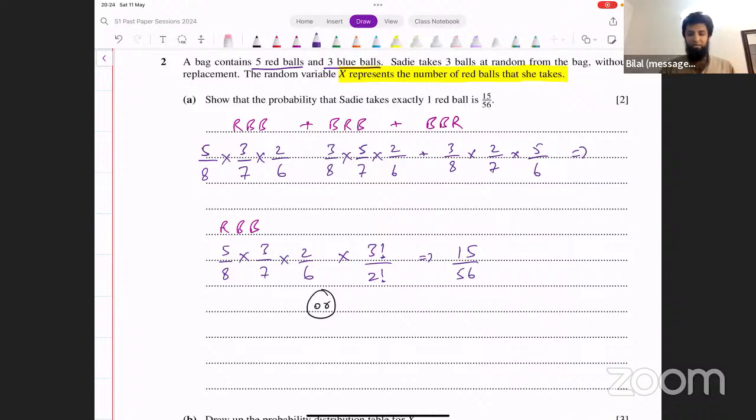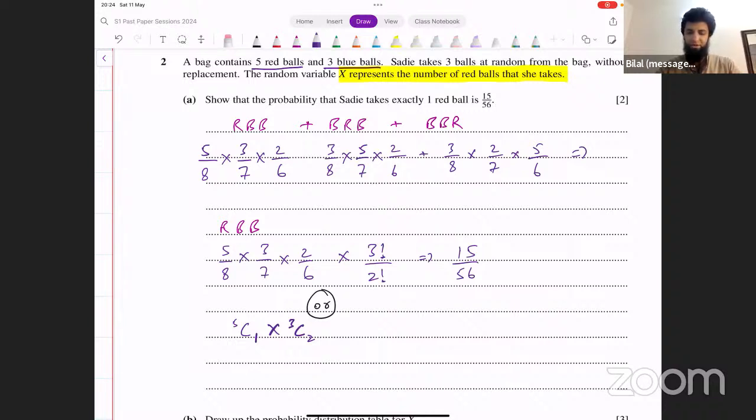So you can also think of it like this: since you want exactly 1 red ball, out of 5 red balls, select 1 red ball, 5C1. And out of 3 blue balls, select 2 blue balls. These are your favorable outcomes, the outcomes that satisfy the given condition. Out of 5 red balls, you want to select only 1, and out of 3 blue balls, you want to select 2.